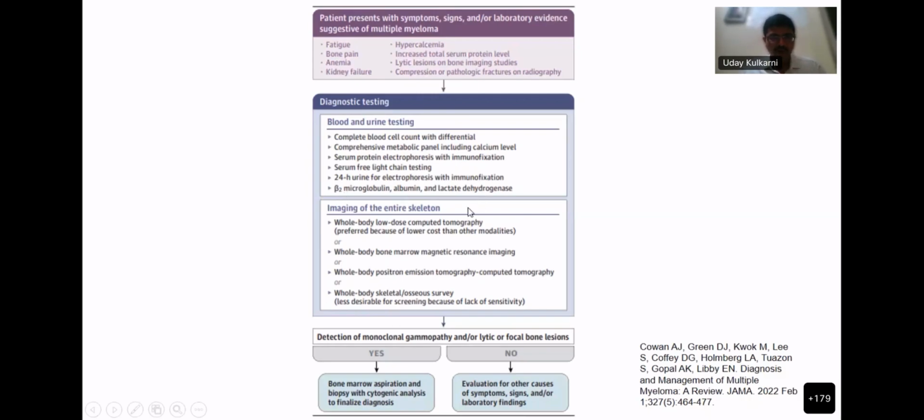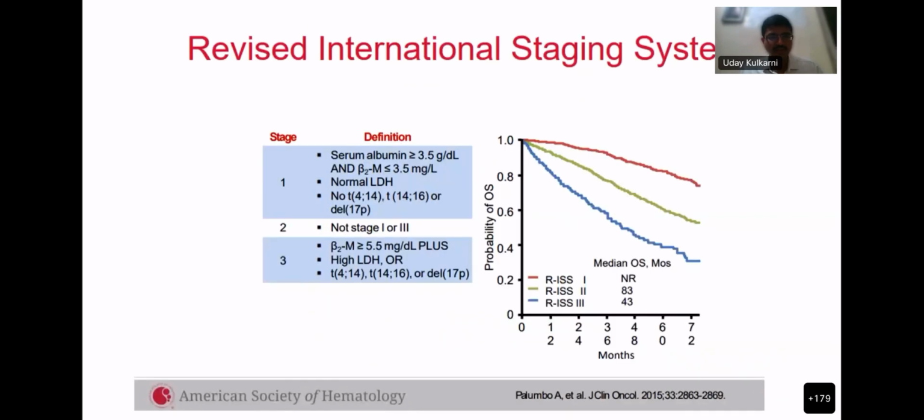And we do some form of a skeletal survey, or if resources permit, then a whole body low dose CT. And based on these, if there is a detection of a monoclonal gammopathy, then we proceed with doing a bone marrow aspiration biopsy, and after plasma cell enrichment, FISH analysis is done for further stratification.